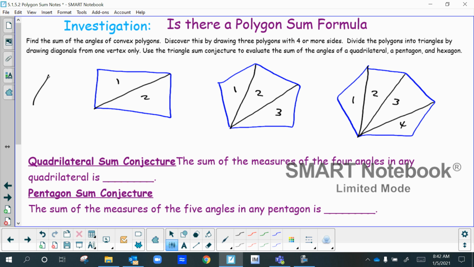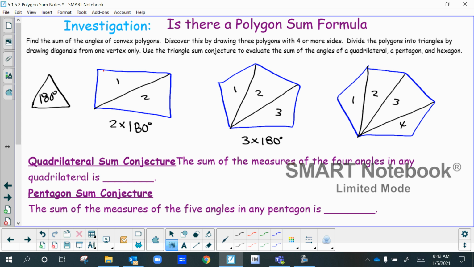Okay, so I'm going to take you back to the triangle. You guys have been knowing this for a while, but how many degrees are in a triangle? 180 degrees. And so if I have 2 triangles in this quadrilateral, all I have to do is 2 times 180 degrees. Over here, all I have to do is 3 times 180 degrees, and that's going to give me the total sum of all the angles, okay?